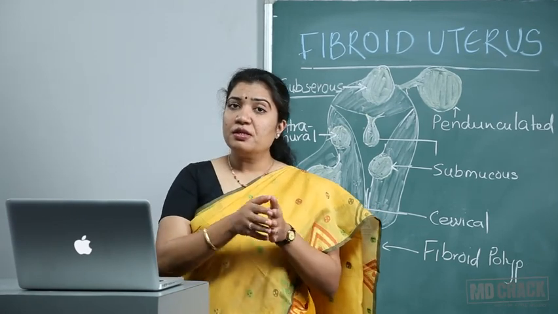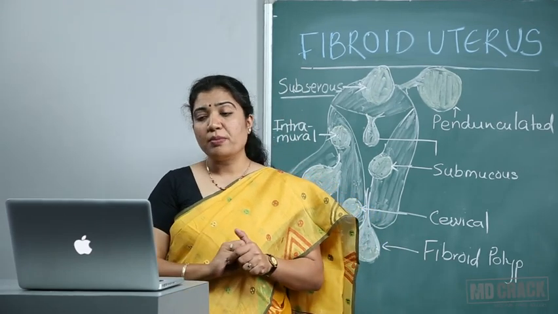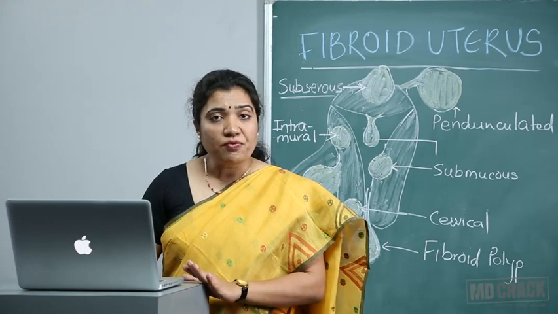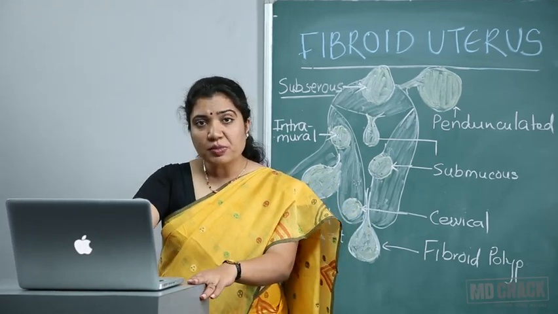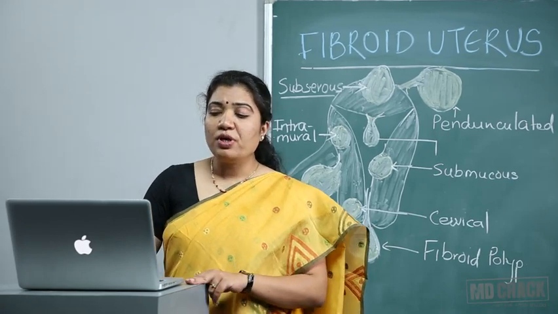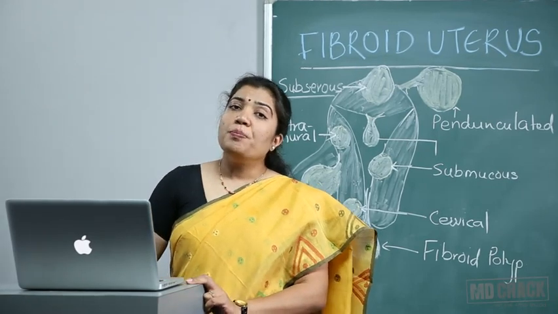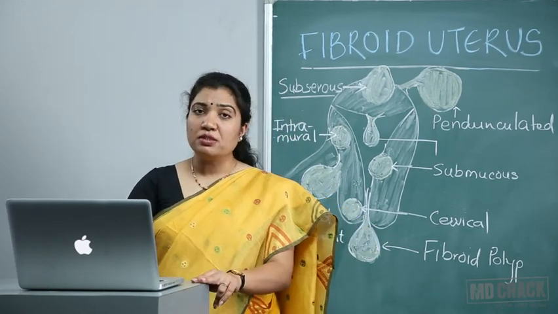While doing this, if the cavity has been opened, then such a scar of myomectomy has a risk of rupture during labor. So if our patient has had multiple myomectomies before, or if the cavity was opened before, then we have to do a planned or elective cesarean section for her at term.